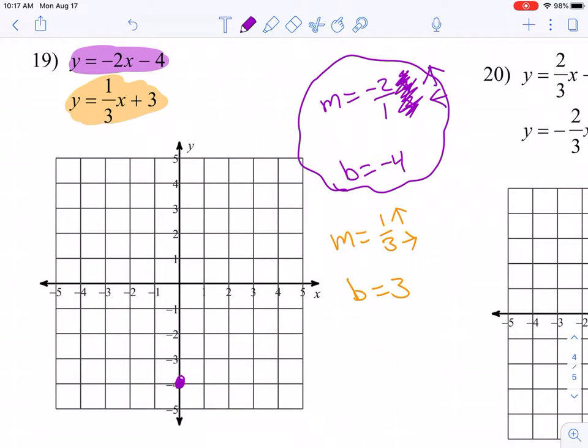So now I can count up. 1, 2, left 1. 1, 2, left 1. I'm going to do points all the way across the graph. As many points as I can do on the graph. So there they all are, and then I could make a line over it.